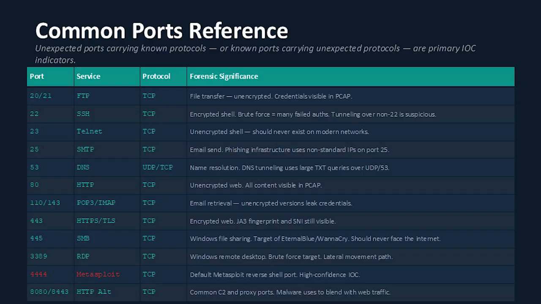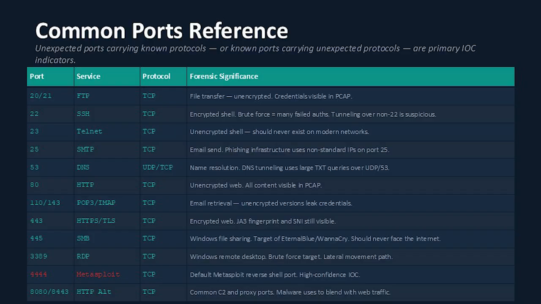Port 4444 is Metasploit, and we'll use Metasploit a little bit more later on, but this is the default Metasploit reverse shell. There are other ports, but generally, if you are running your own system or you're looking for malicious systems or services, you're looking for something which is from port 1024 or higher, up to 65,530, 65,000 some odd number.